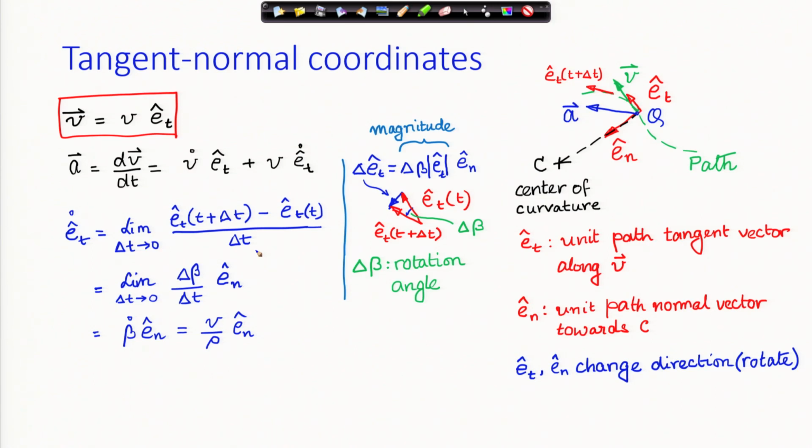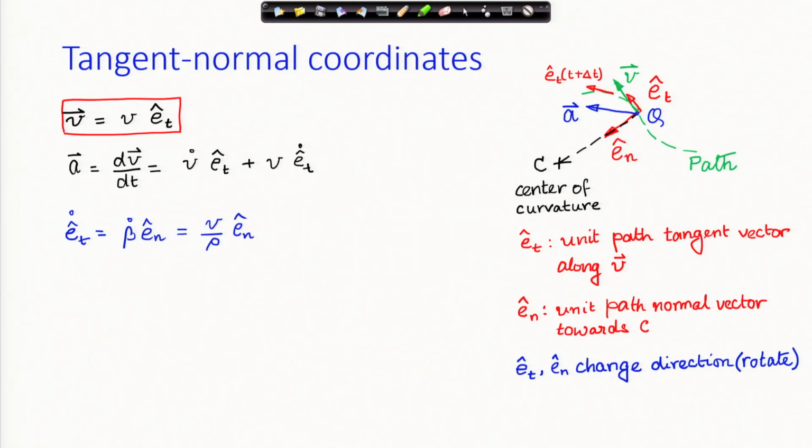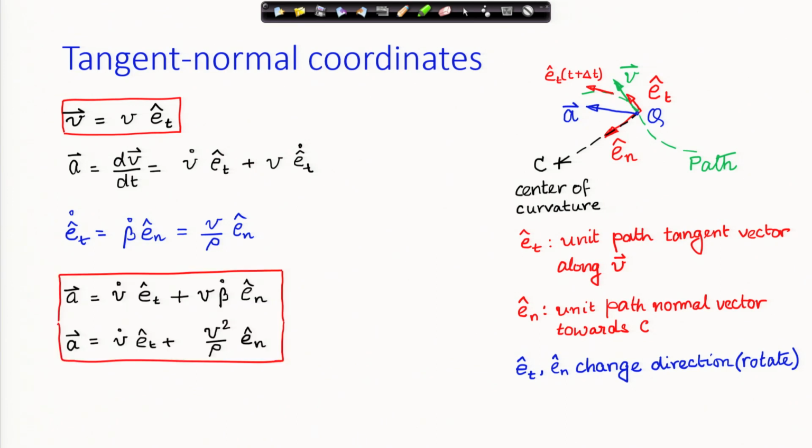Therefore, E_t dot is nothing but beta dot times E_n cap, and that is equal to v by rho E_n cap. Okay, if this part is clear, then we can proceed.